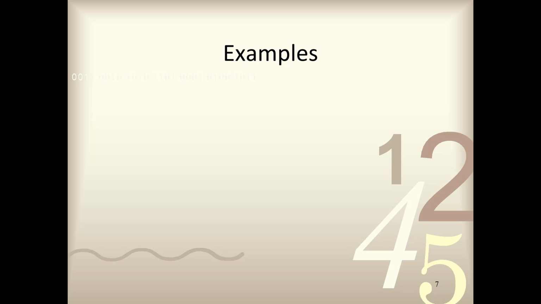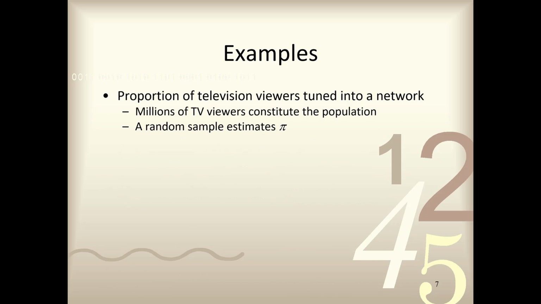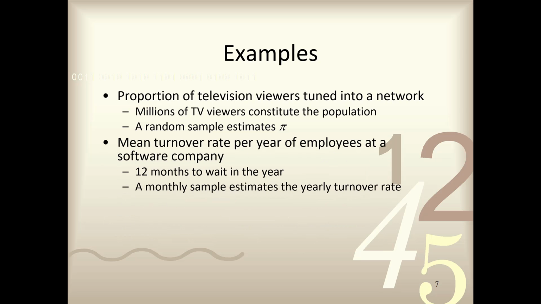Okay, so let's look at some examples. Let's say I'm interested in the proportion of television viewers tuned into a network. Millions of TV viewers constitute the population, so I take a random sample to estimate the population proportion. Pi is the symbol for population proportion. Or let's say I'm interested in the mean turnover rate per year of employees at a software company.